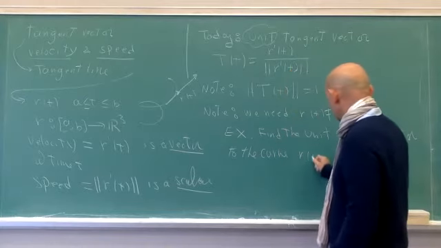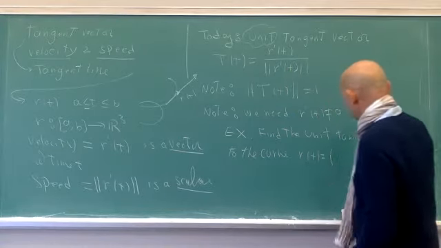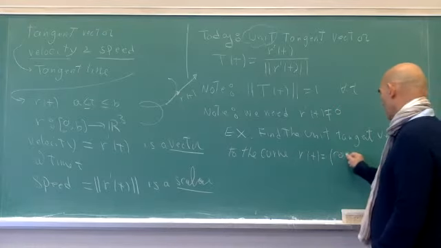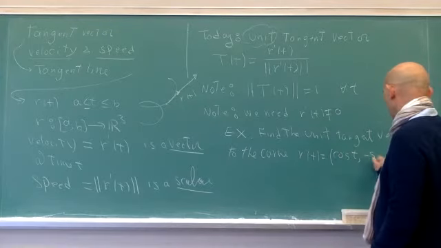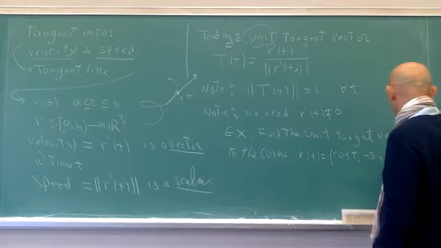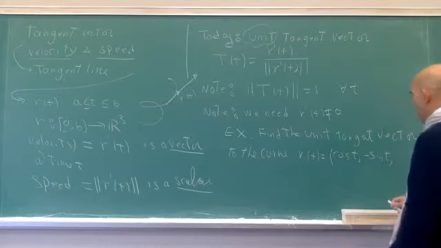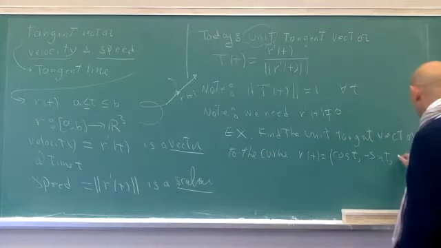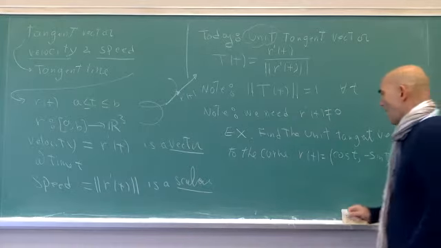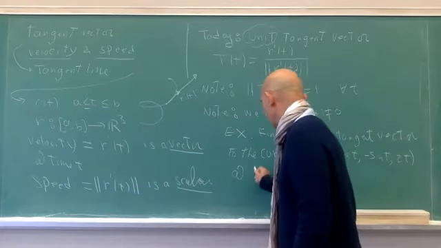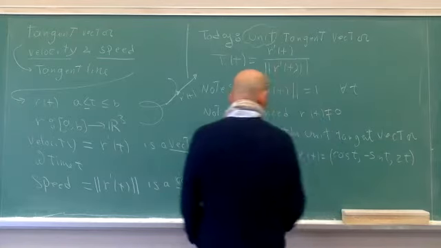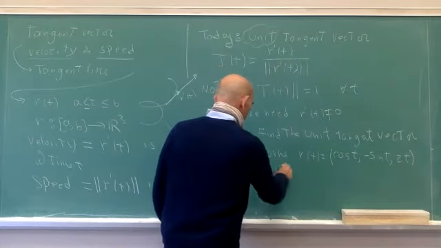So r of t equals, let me just give you a simple example: cosine of t, negative sine of t, and 2t at time t equal to pi over 6.